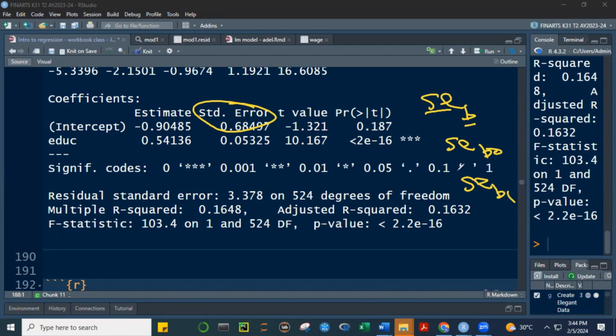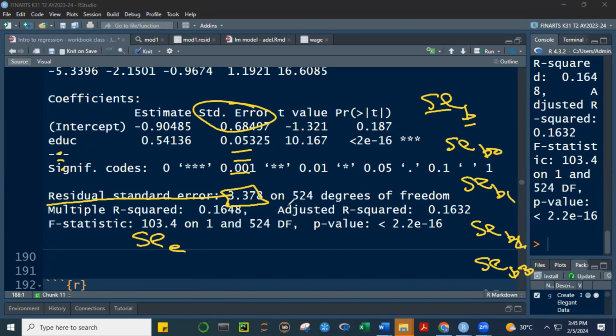Kung marami pang slopes, kunyari multiple regression tayo, then maraming B1, B2, B3, etc. So kung ilan yung predictors, ganun din yung standard errors natin. Nakalinya dito yan, no? Tapos doon din may mga standard errors sila. Okay? Then meron tayo ditong residual standard error. So standard error of your residuals, SE sub E. Okay, you have 3.378. So we're going to discuss kung paano na-compute yan.